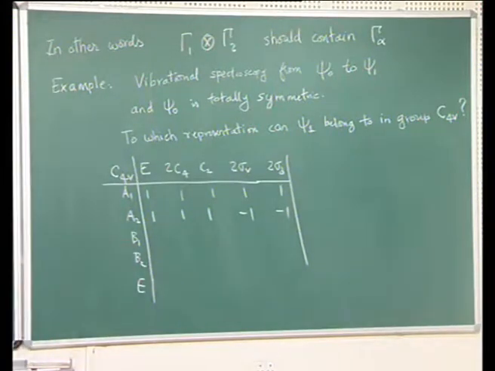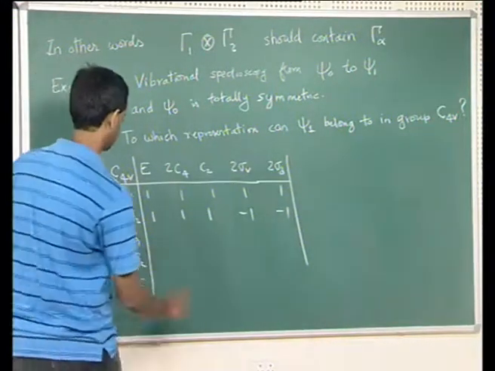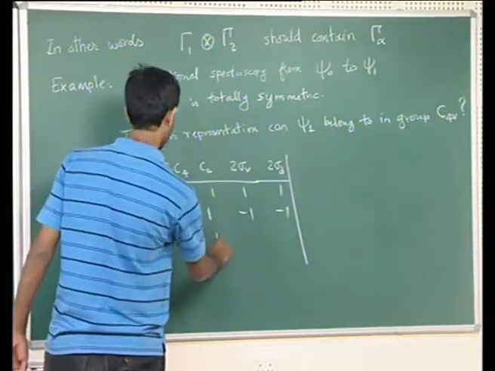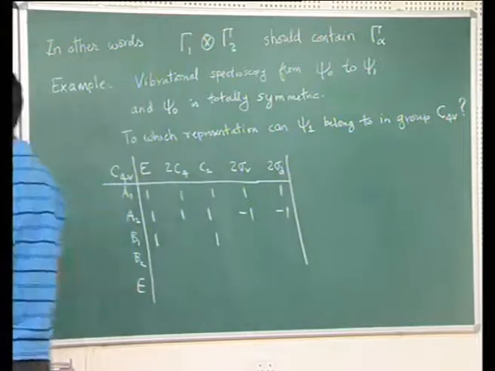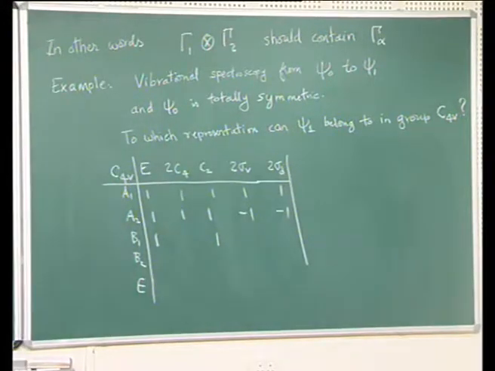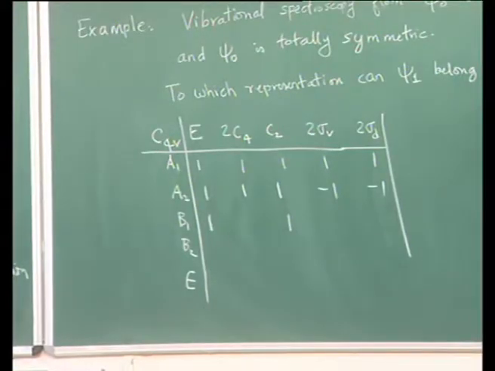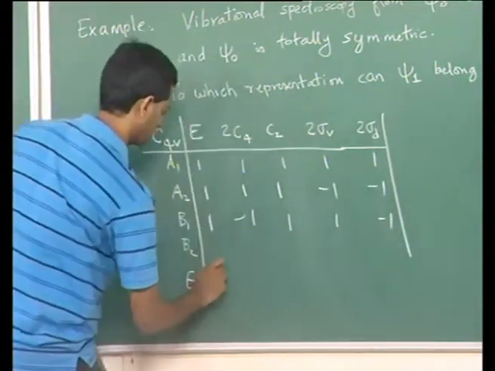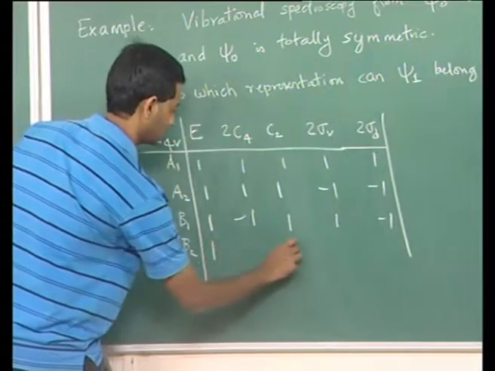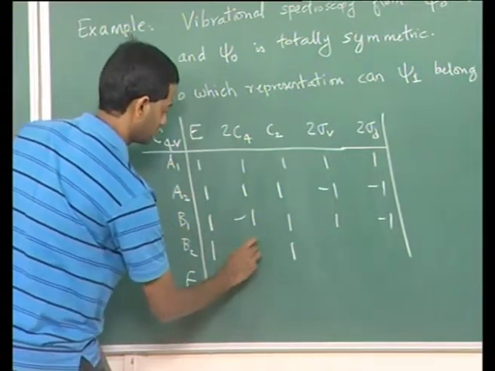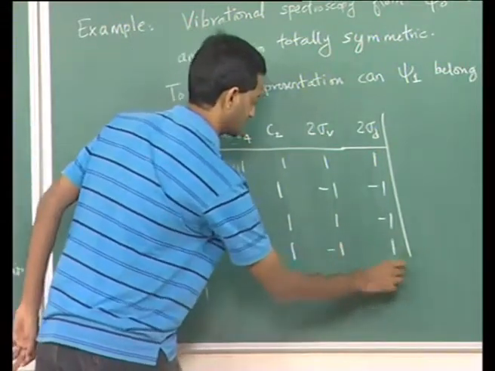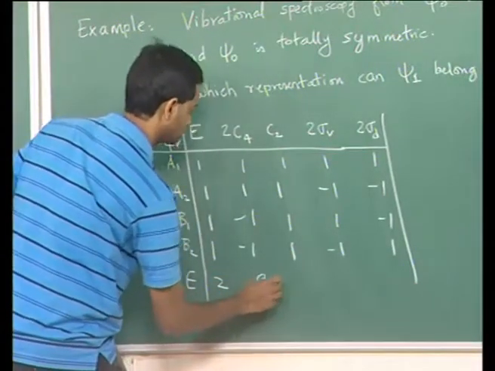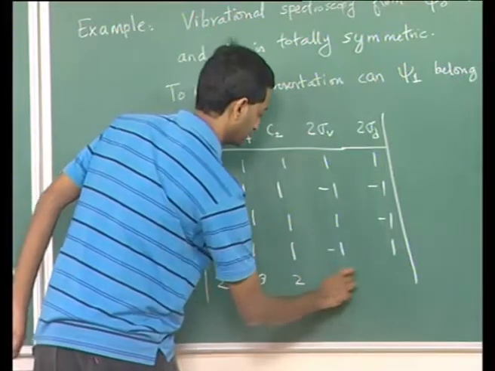Characters of B1 should be 1, minus 1, 1, 1, minus 1, minus 1, and B2 will be 1, minus 1, 1, minus 1, 1, and E is 2, 0, minus 2, 0, 0.